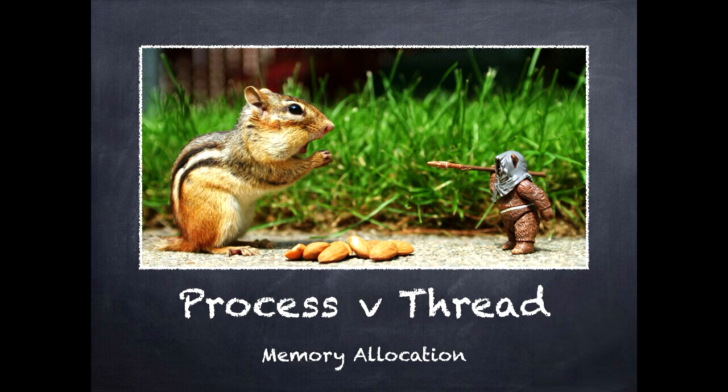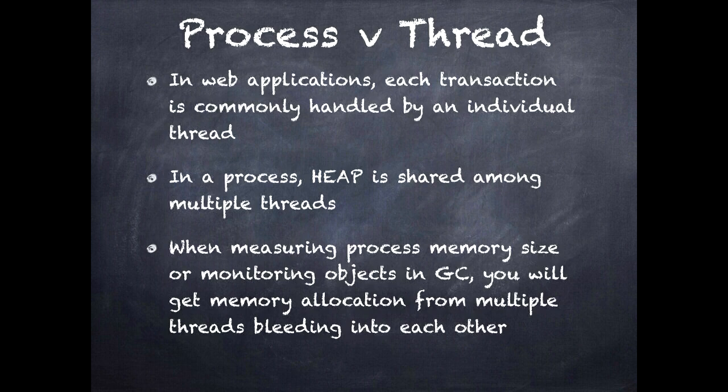So what the heck was I talking about with process versus thread memory allocation. We're dealing with a web app, right? With a live web app, you have multiple requests coming at it. You have the garbage collector battling, deallocating memory the best it can.